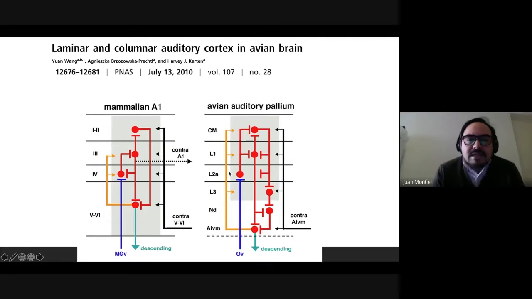This similarity is also shared in the visual system and also in the somatosensory system. So basically what I want to say is that the dorsal ventricular ridge is receiving information from auditory input, visual input, and some somatosensory input, similar to the cerebral cortex.